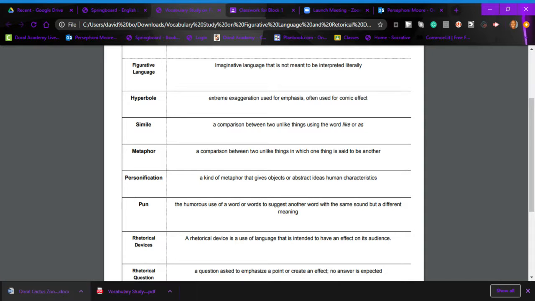A metaphor is the next figurative language. It's a comparison between two unlike things in which one thing is said to be another. So metaphors have a stronger comparison. Rather than just saying it's like something, it's saying that it is something. Maybe you have a computer upstairs and you're thinking that it's really old. You could say that the computer is an old dinosaur.